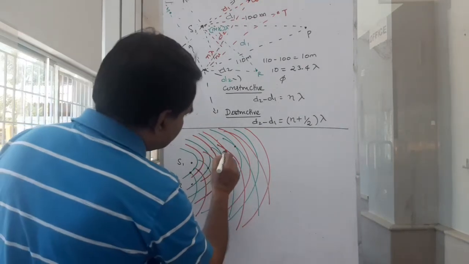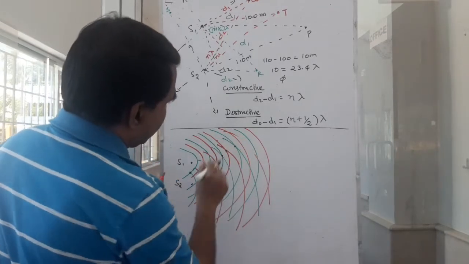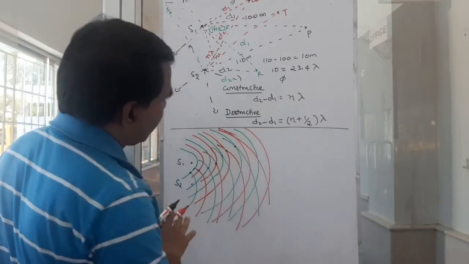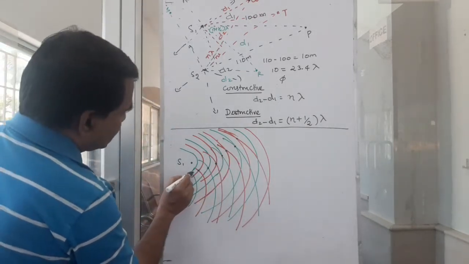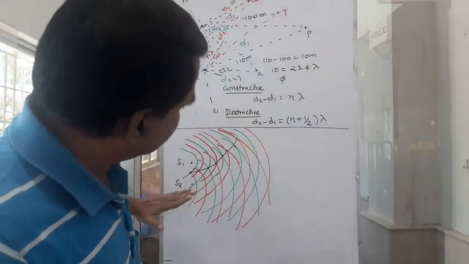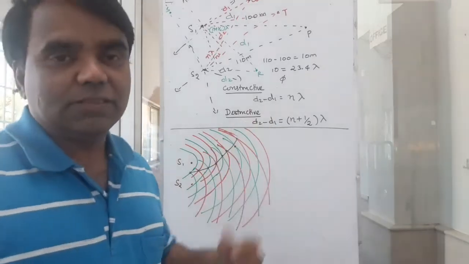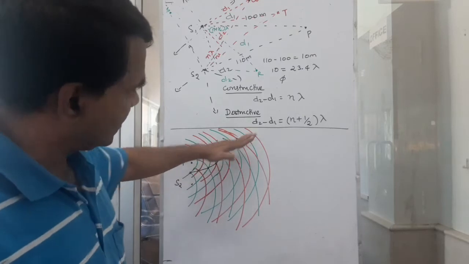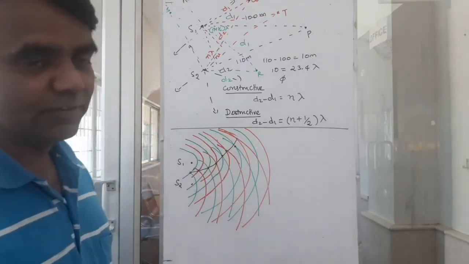So I get this point, and this again. It has to be a straight line, but does not come out neatly. But if you draw it with proper distances, then you will get a straight line. You can see that you got the bright spots here. These are the places where you get constructive interference.